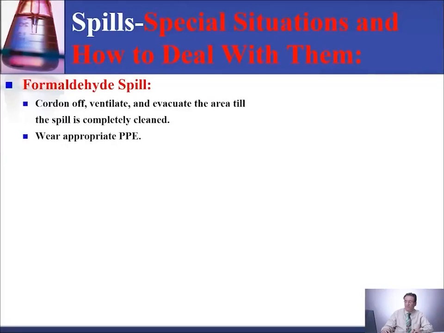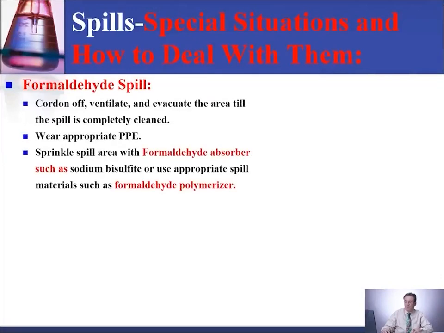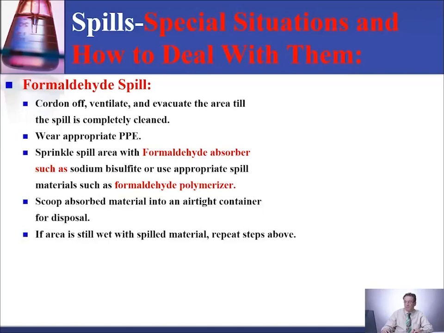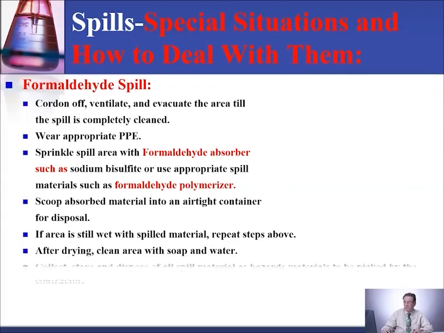If you have a formaldehyde spill, cordon off, ventilate, and evacuate the area until the spill is completely cleaned. Wear appropriate PPE. Sprinkle the spill area with formaldehyde absorbent, such as sodium bisulfite, or use appropriate spill material, such as formaldehyde neutralizers.